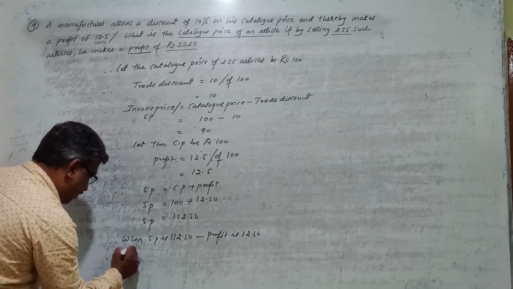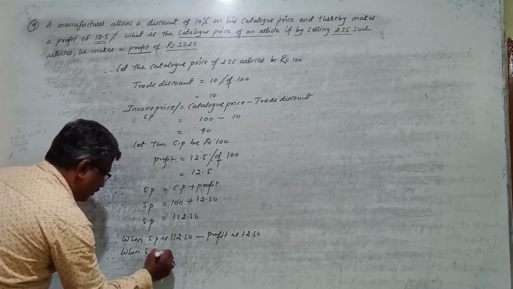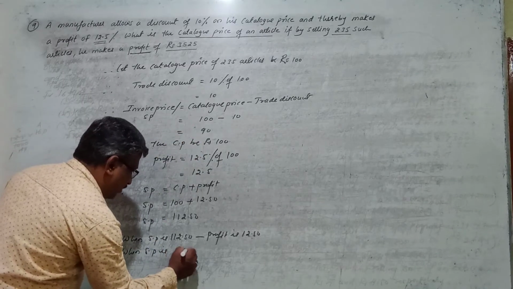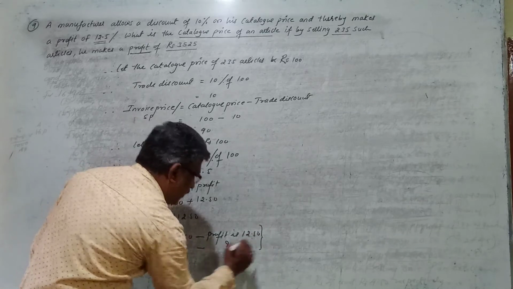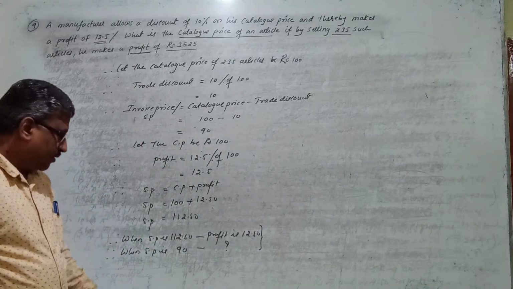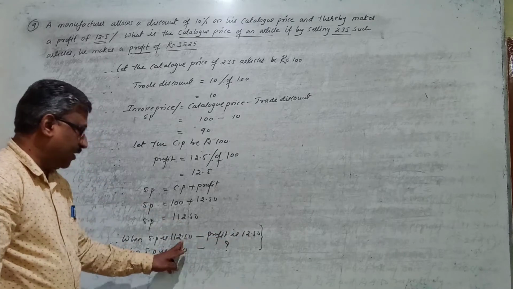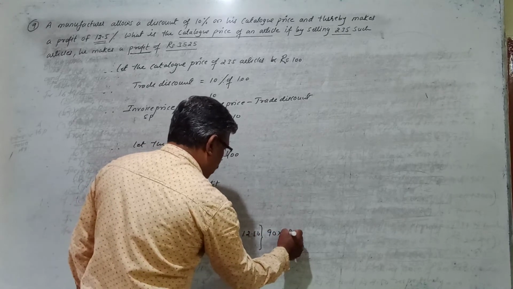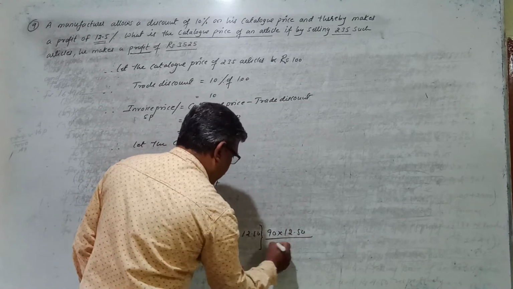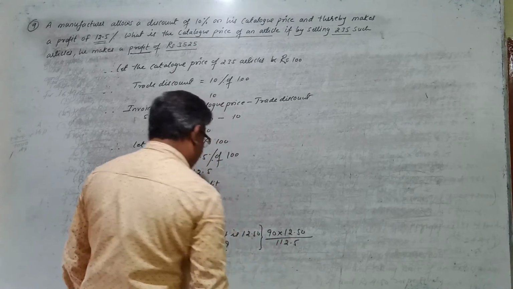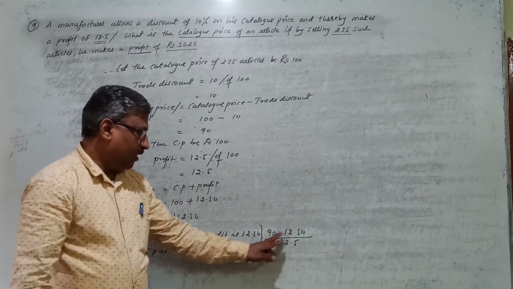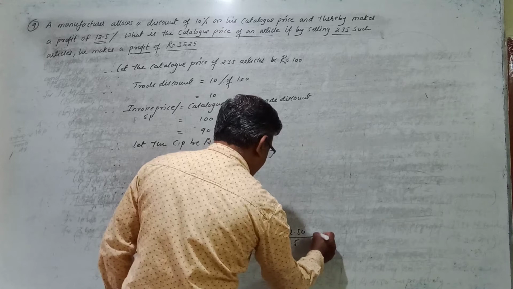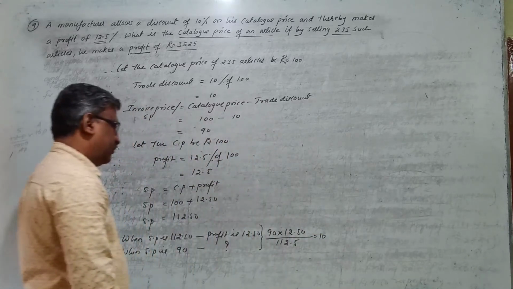So what I want here is, when my actual selling price is 90 rupees, what must be the profit? It is 90 into 12.50 divided by 112.50. So multiply 90 by 12.50 and divide by 112.50. So you will get rupees 10.